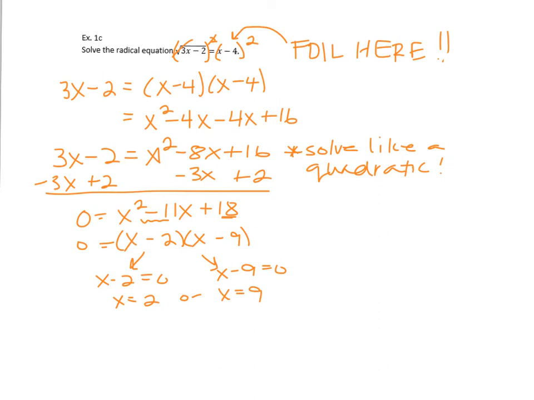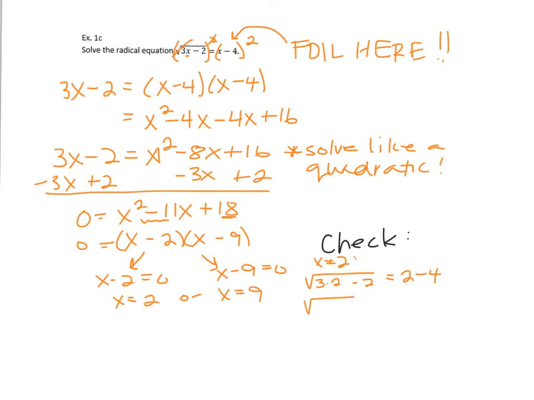Now let's check them to make sure they both work. Remember, with an even root, you have to check for extraneous solutions. I'm going to start with x equals 2. If I substitute that back into my original equation, that's going to be square root of 3 times 2 minus 2, and then I have to plug it in on the right as well, 2 minus 4.